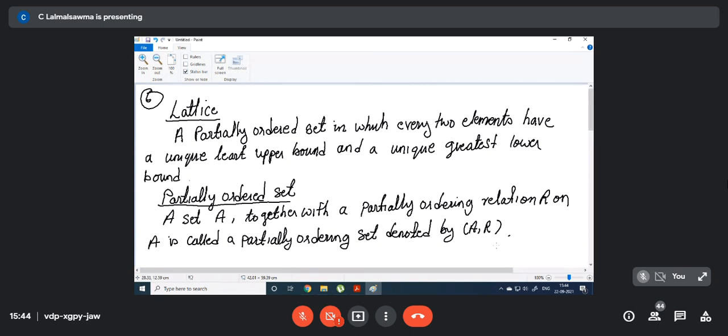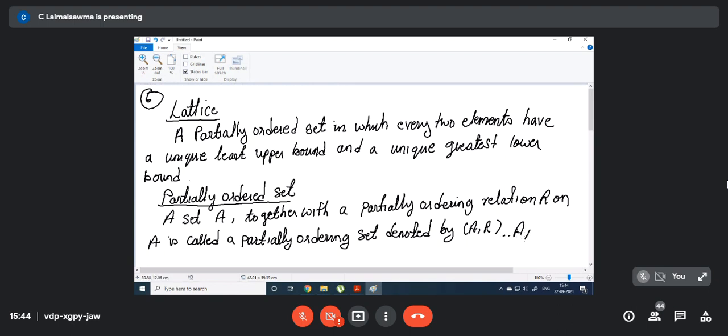When we defined the partially ordering relation before, we wrote R, the relation R we define on a set A. So if we write them together, we take them together as one thing, (A, R). If we say together at the same time, then the set is called a partially ordered set.